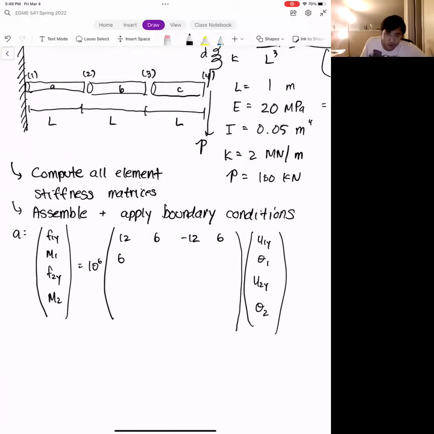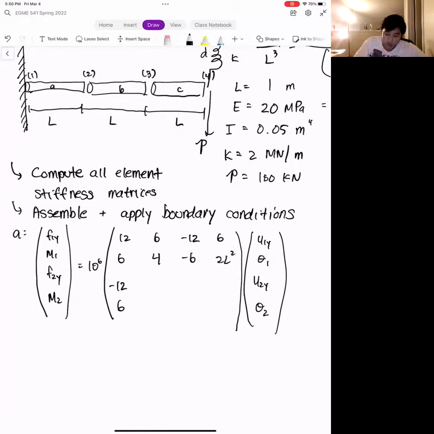Actually, let me do what we usually do. Now that we've written the first row, let me write this into the column, so we have 6, minus 12, and 6. Next, we're starting the second row. So we have 4L squared, which is just 4. Then we have minus 6L, and since L is 1, that's just minus 6.